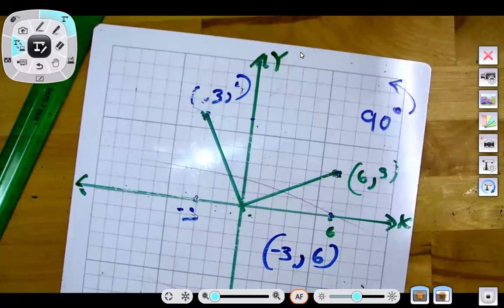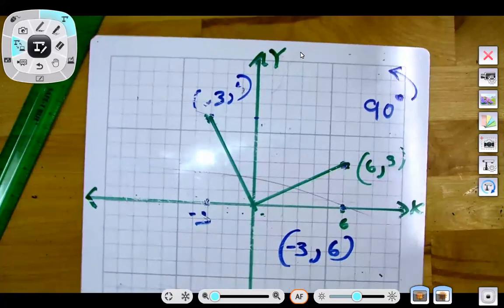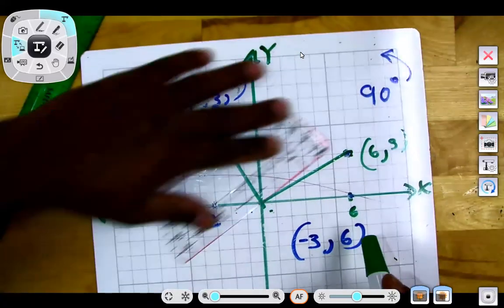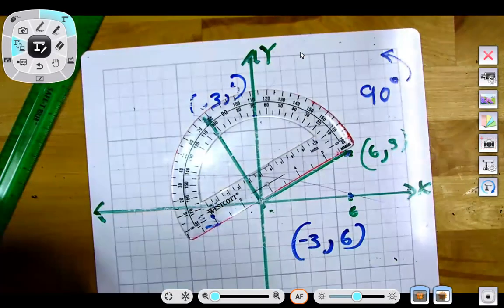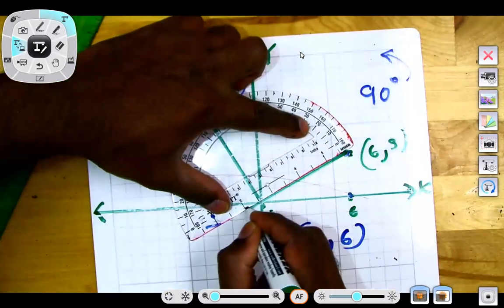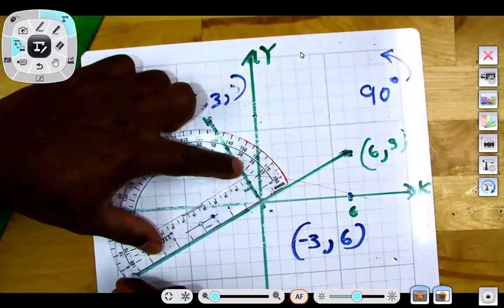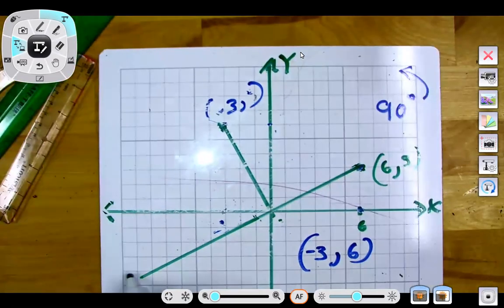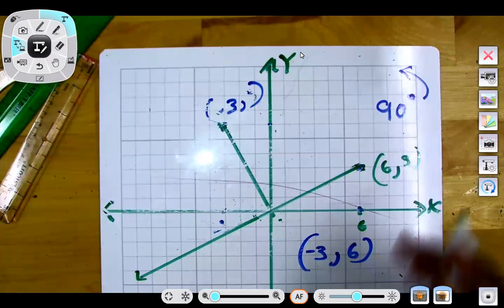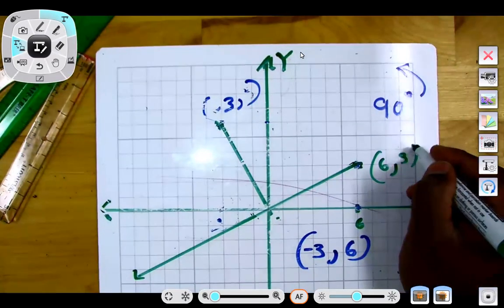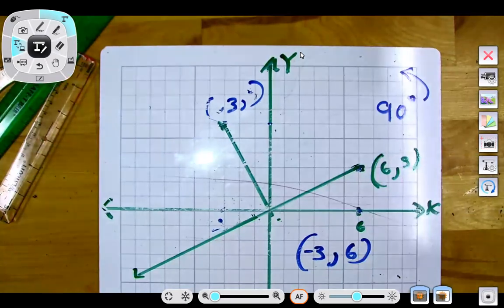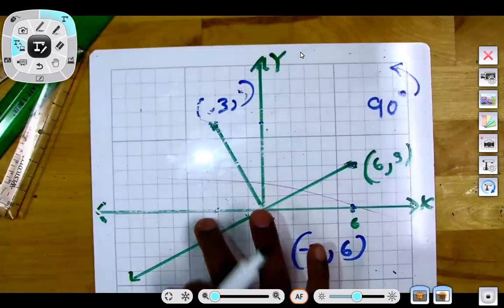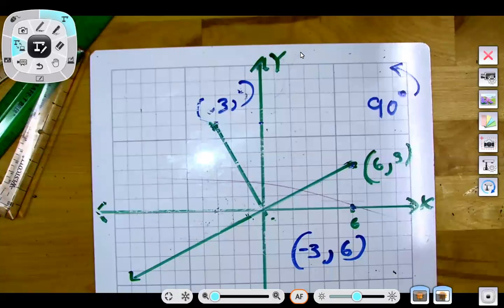If you do 180 degrees, which is a straight line, it's right over here. I'm just going to draw the line, but where is it on that straight line? We'll go this way. Simple. If you rotate 180 degrees counterclockwise or clockwise, same thing. How is it going to look?